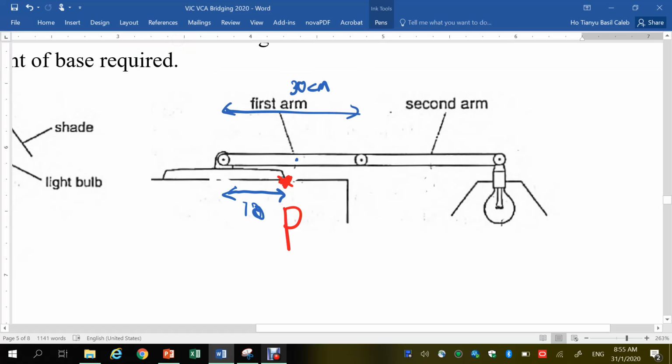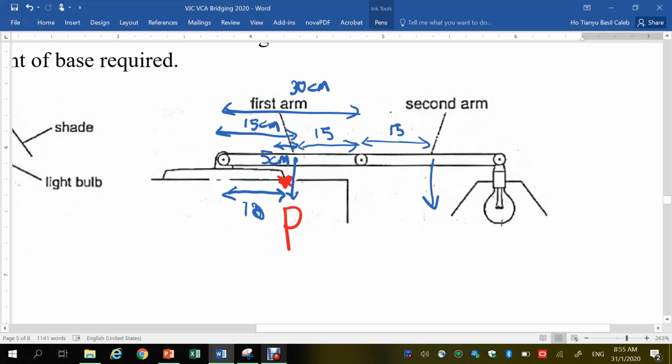But the CG of the arm is 15 cm, which means that the CG of the first arm is 5 cm from P. This is another 15. This is another 15. To the next CG. Right?